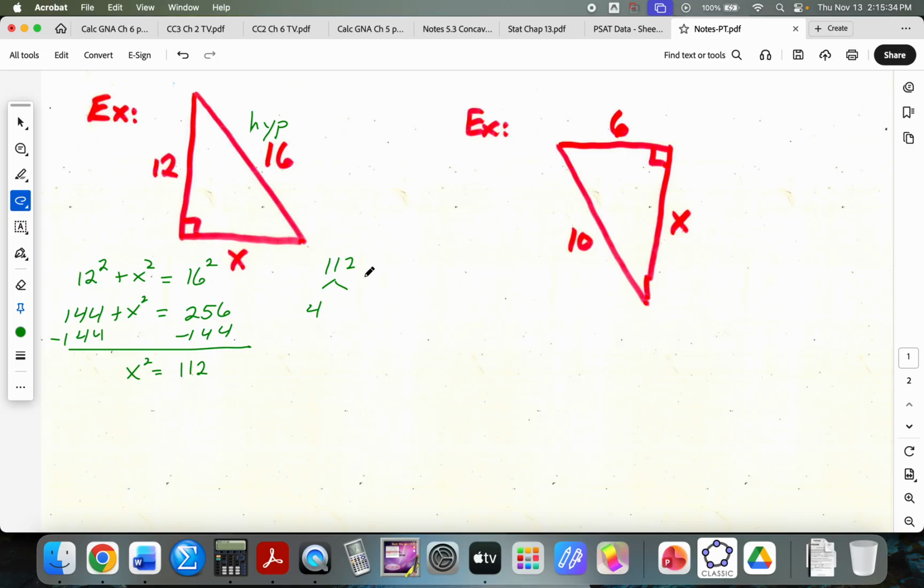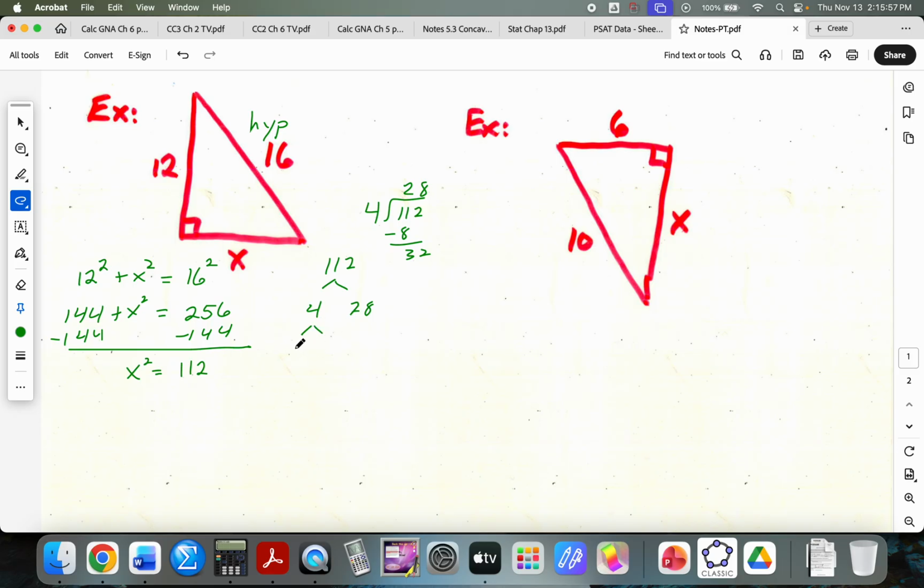It divides into 121. 4 goes into it, but the problem I have with doing 4 is I've got to branch off and do this because I can't do it in my head. Actually, I can, but it'd be 28.